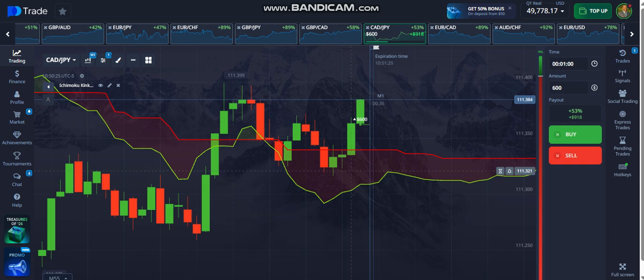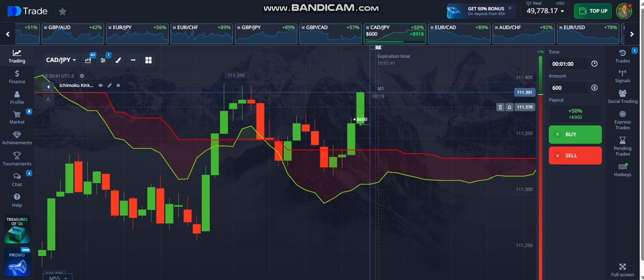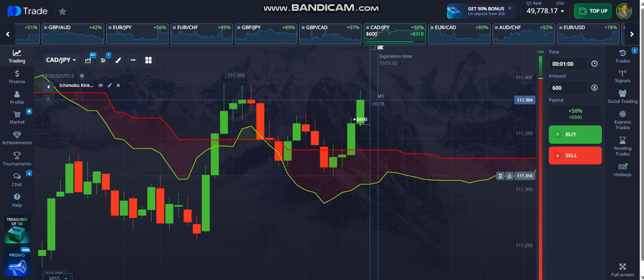And then subsequently to that, the price left the cloud and closed outside the cloud. So I took a trade in the direction of the movement, which is a bullish trade, a buy trade, a call trade. And so let's wait for the results of this trade.